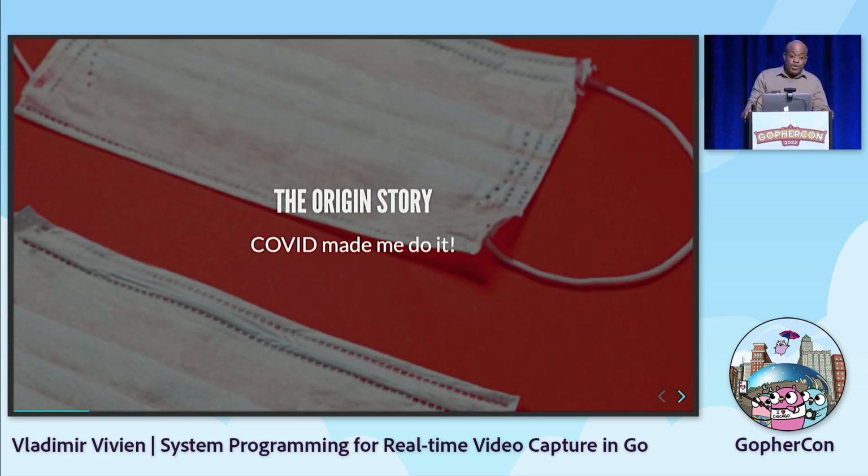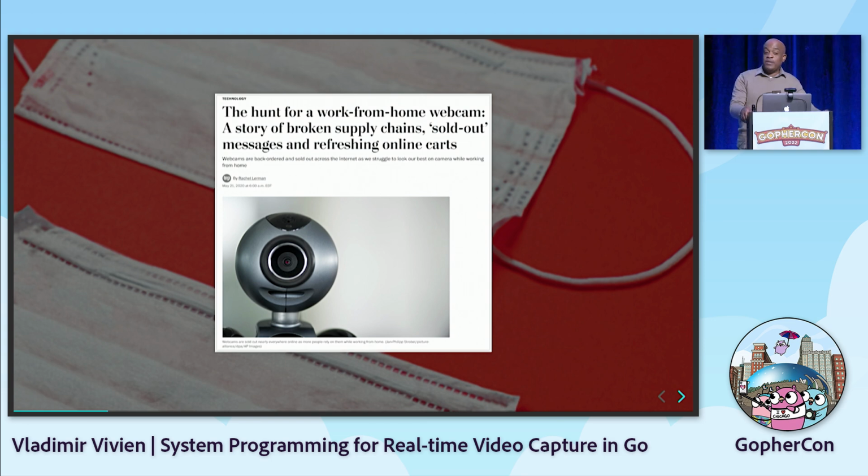As with any good story, the origin of my story with this is COVID. I don't know if you remember a couple years ago when we were all forced to stay home and turn into Zoom zombies, and we all were looking for cameras, and I was doing the same, and I couldn't find any.